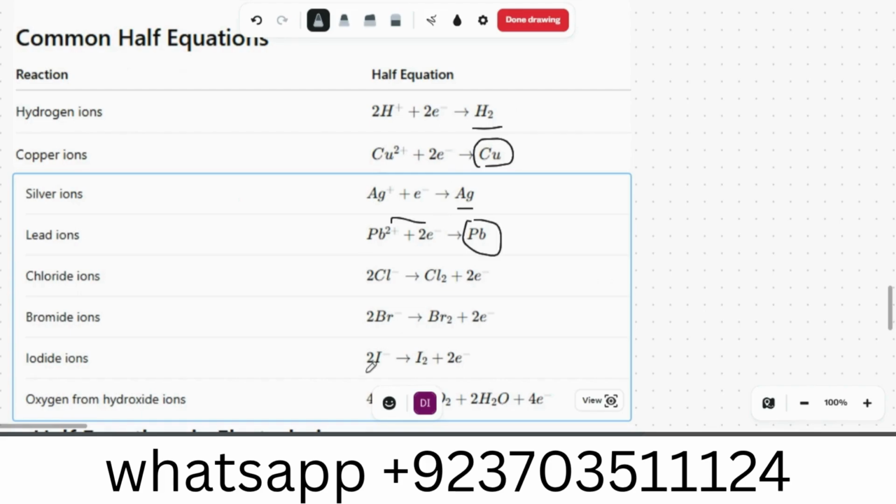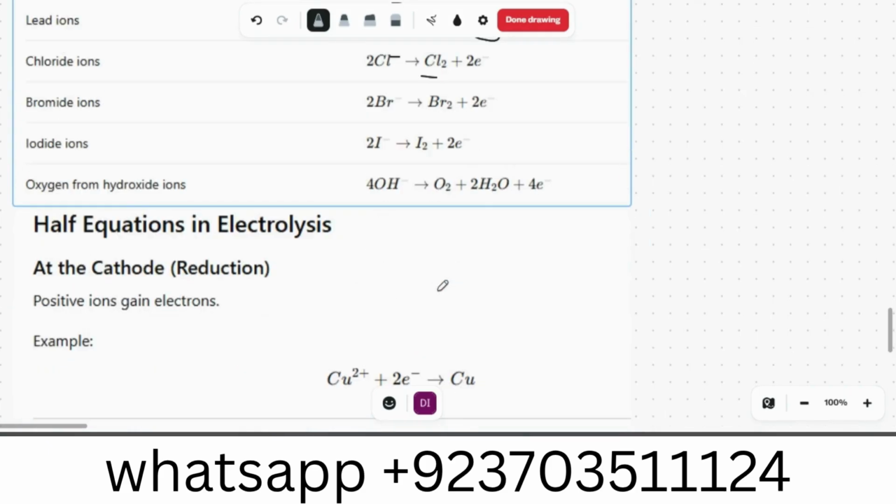Same for chlorine, which has a minus charge: two chloride ions lose 2 electrons and make Cl2. For hydroxide ions, 4OH- gives us O2, so there will be 4 electrons.